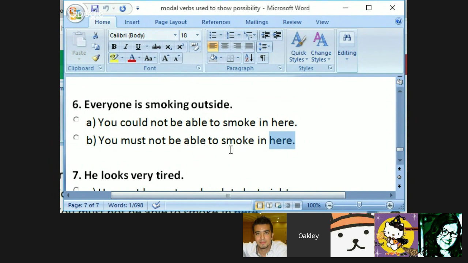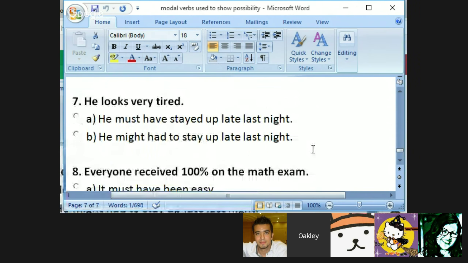You must not be able to smoke here. Either way would be okay. Yeah, gotcha. In just adds emphasis to inside this closed space. It does add a little clarity, I think. But yeah, you're right. You could do it without.